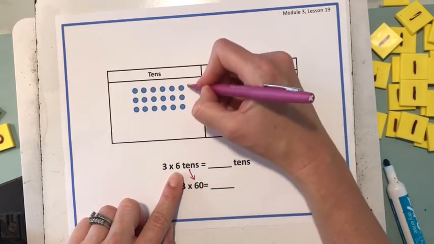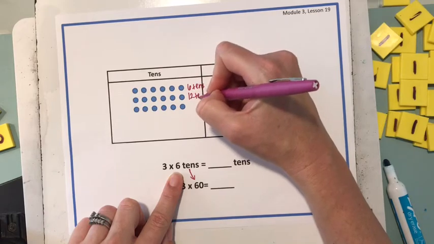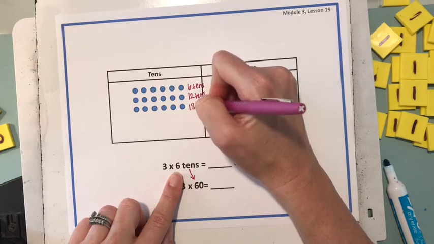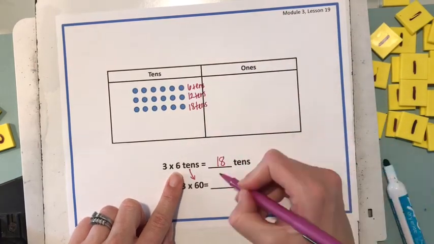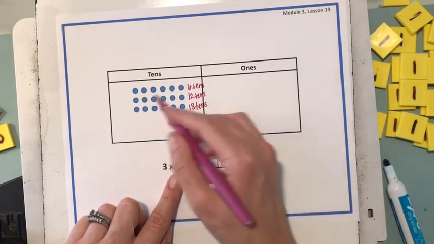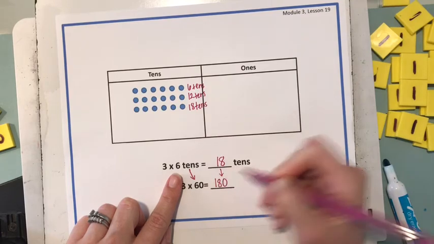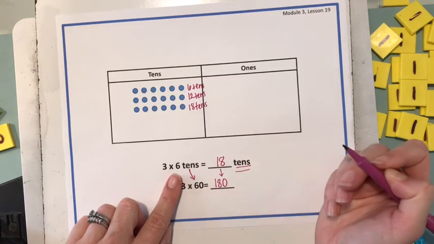This first row has 6 tens, and then we have 12 tens, and then we have 18 tens. So I have 18 tens. 18 tens also equals what? Because we're counting by tens, right? It equals 180. So we just added that 0 at the end because we're talking about tens here.